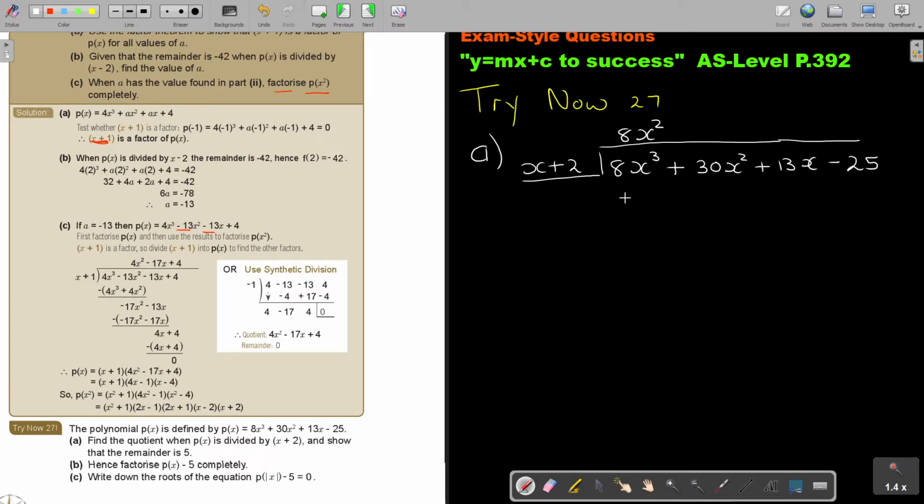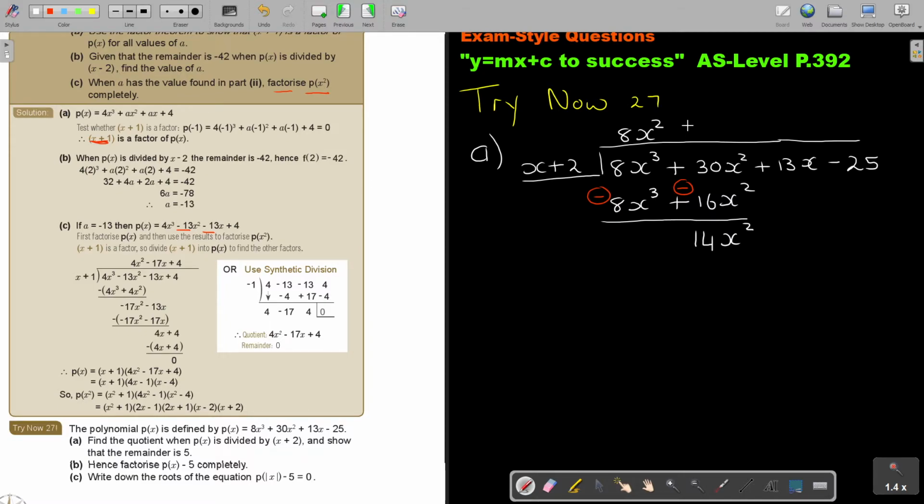If I multiply, I'm going to get 8x^3 plus 16x squared. Draw the line, change the signs. Why? Because you're doing subtraction. You take this and you subtract this one. Okay. So basically, the first one cancels out, and the second one, I get 14x squared.